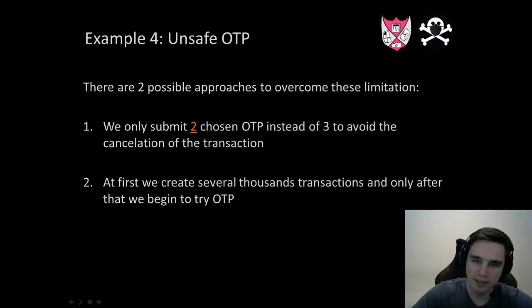Another one: in the beginning, we can create several thousand transactions. For example, we can create 20,000 transactions, and only after that we try the OTP. In this case, the creation of new transactions will be blocked after trying the OTP, but it doesn't affect us because we already created the 20,000.